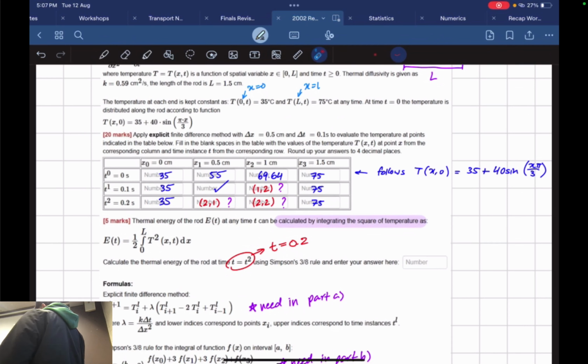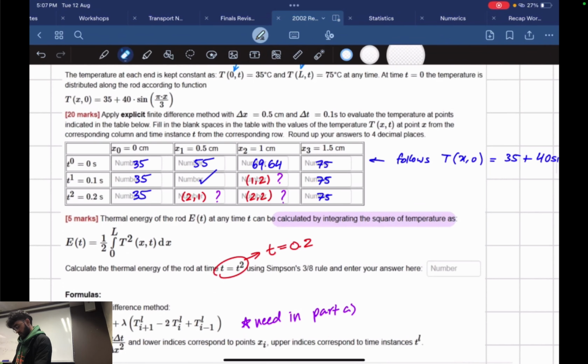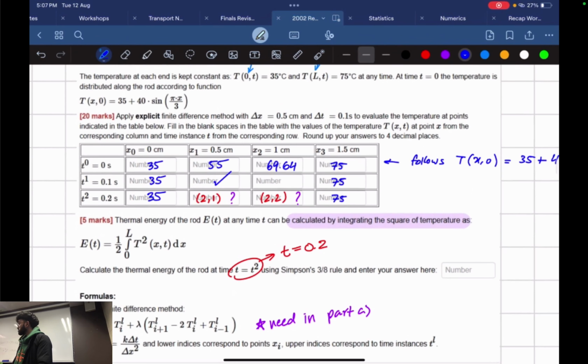It's 236 for lambda, right? 0.236. What do you got? 67.45.